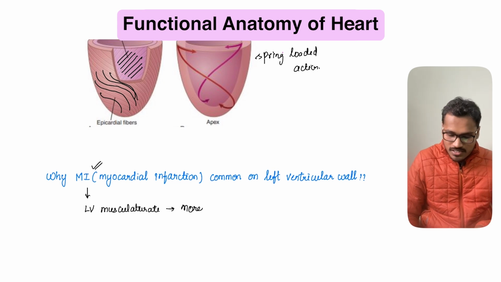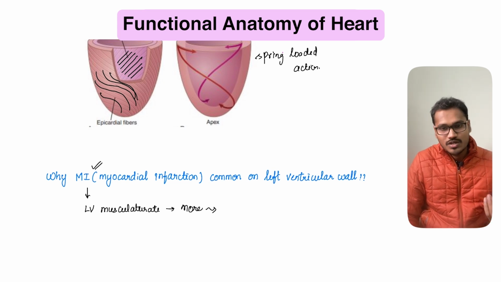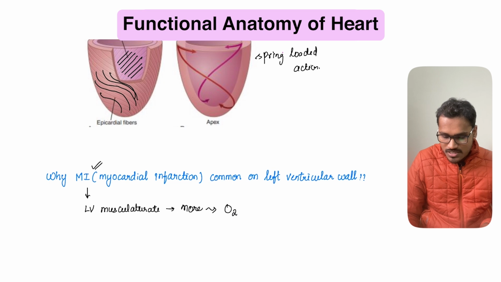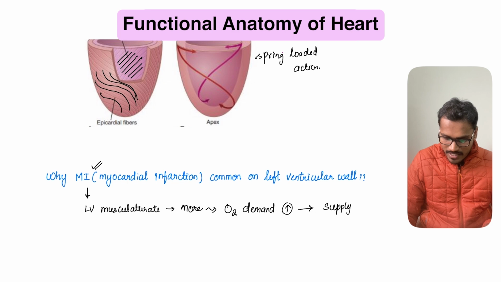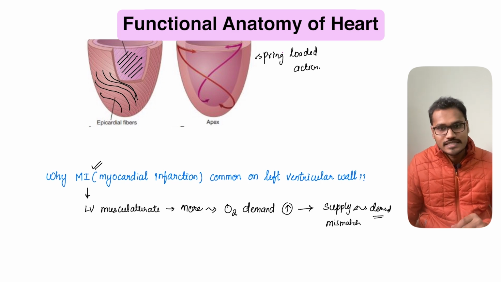If the musculature is more, the oxygen demand itself is increased. Whenever demand is increased and there is even a little decrease in blood supply, there is a supply-demand mismatch. What is going to happen? It is going to lead to ischemia and finally cause an infarction.